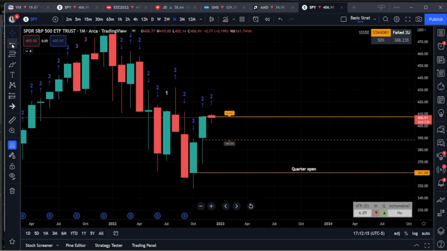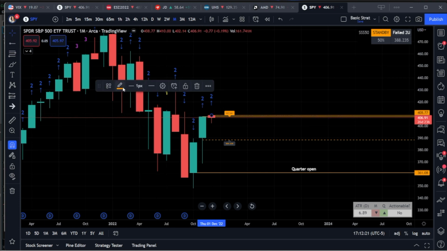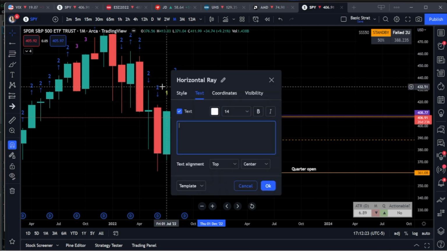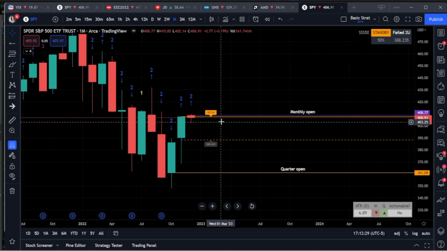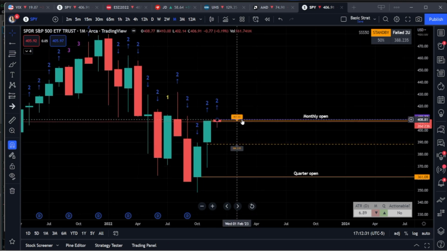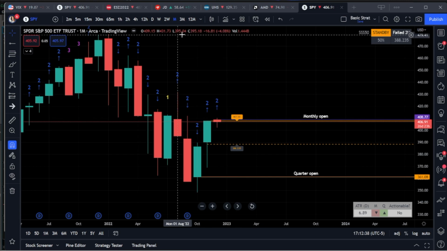All right. And so then we know we just started a new month, correct? And we haven't uncoupled yet. So we now have a monthly open that we are just barely below. Yes, we are just barely below this monthly open.